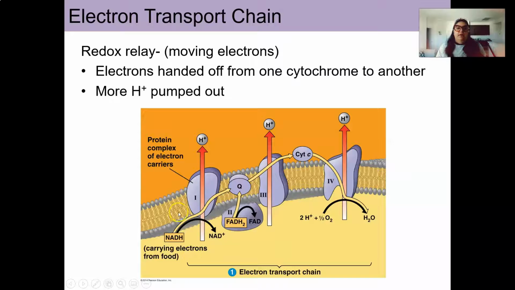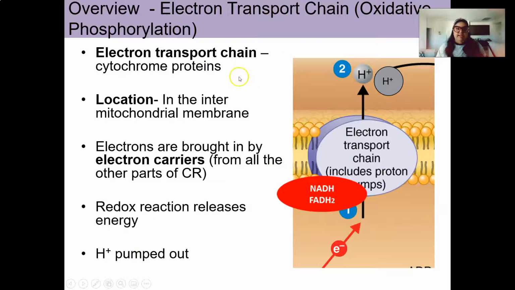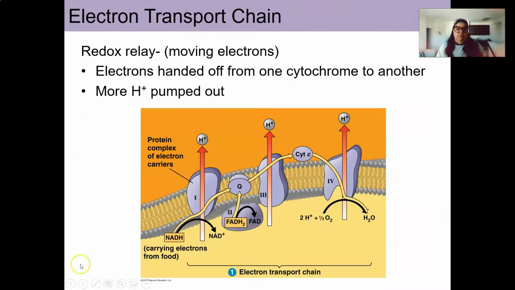So here are our cytochrome proteins. Whoa, what is happening here? Here are our cytochrome proteins that we talked about that are stuck in our inner membrane. And here are our electron carriers that come in. They are carrying our electrons from our food.